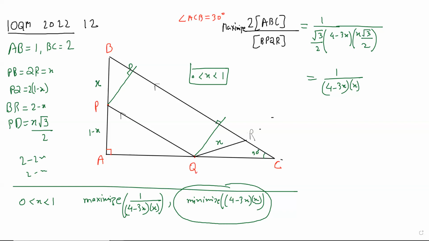Because you see, the problem becomes to minimize this number, right? Sir, it was x by root 3 in the numerator, right? Instead of 1 by root 3. No. This side length is 1, right? Sir, if you put the formula, won't the area be half into 1 into 2 into sine 60?